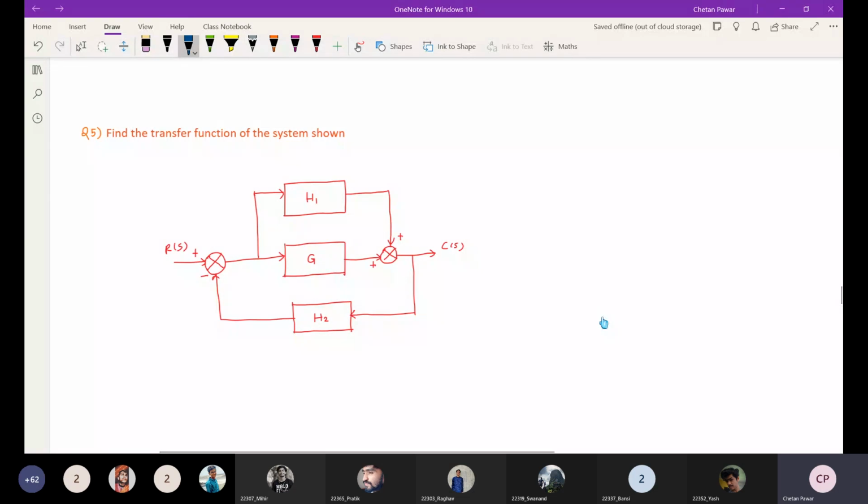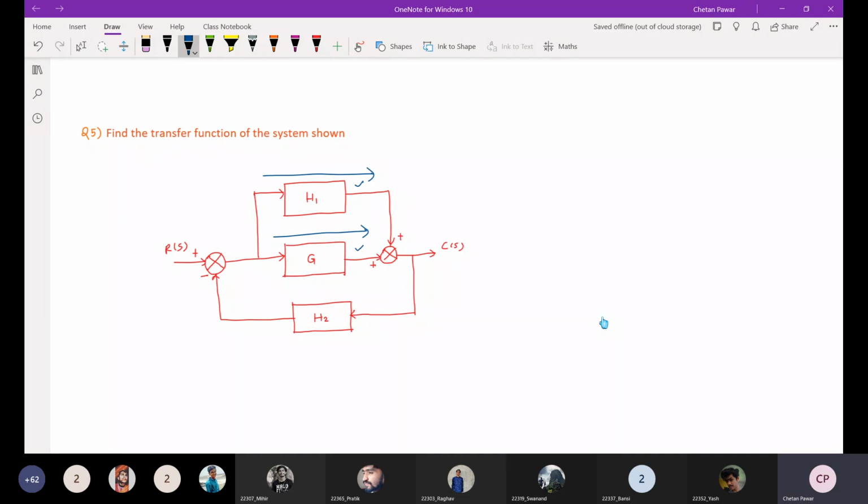There is no cursor option here. So I am asking about this and this block, G and H1. These two paths, are they in parallel or cascade? Which kind of configuration are they having?